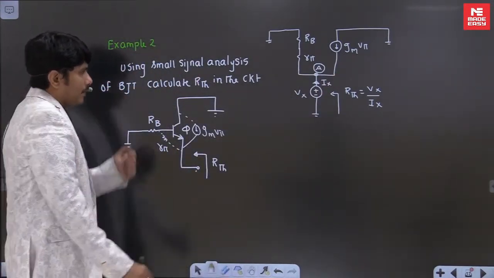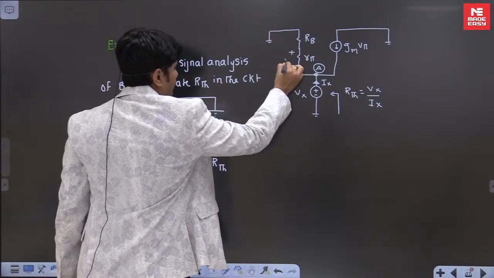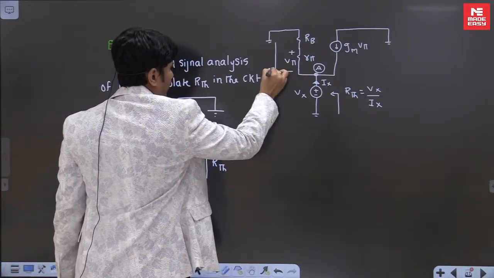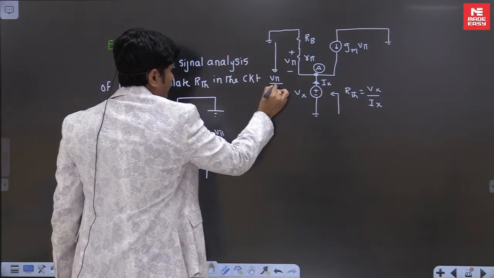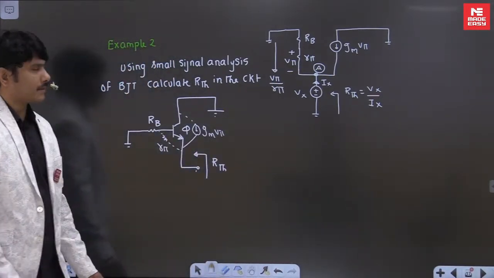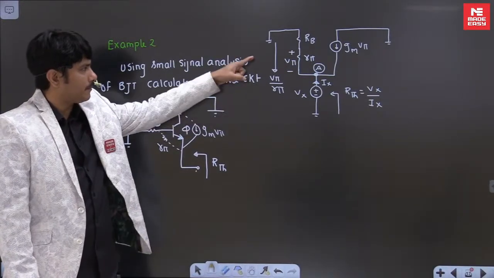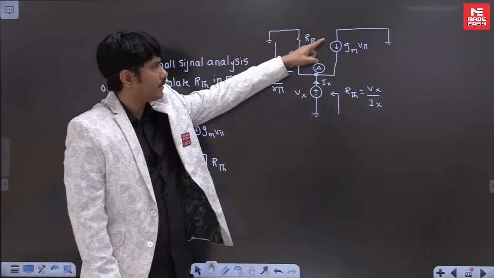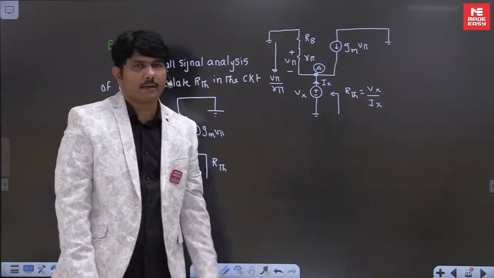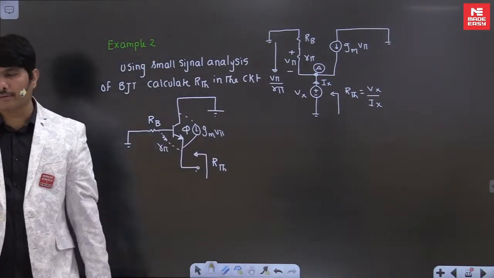This is V pi, so the current flowing here is V pi by R pi. This is your base current. On this side the IC current is flowing, and on this side the testing current is flowing. All the currents are going to the node A.